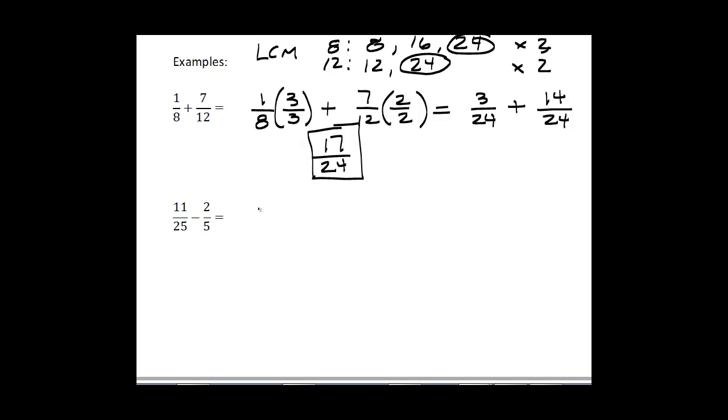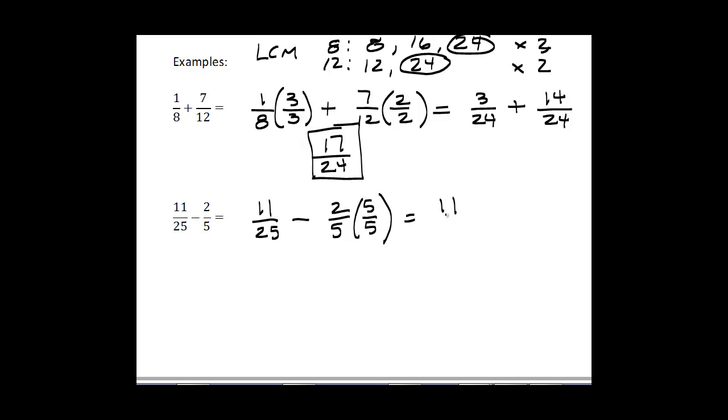Well, 11/25 is already at the common denominator, so we're just going to leave that one alone. We're going to put our minus, write our 2/5, and then multiply. To get to 25 from 5 here, I'm going to multiply by 5, and so I'm going to multiply by 5 over 5. That's multiplying by 1, and I won't change the value.